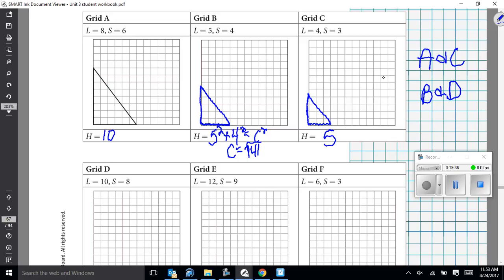What about A and E? So we have 8 times... C and E. So 4 times 3, yeah, C and E has a scale factor of 3, right? 4 times 3 is 12, 3 times 3 is 9.